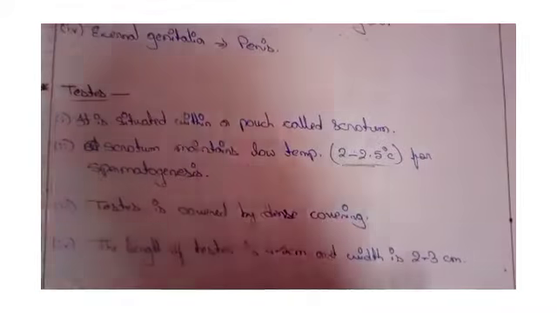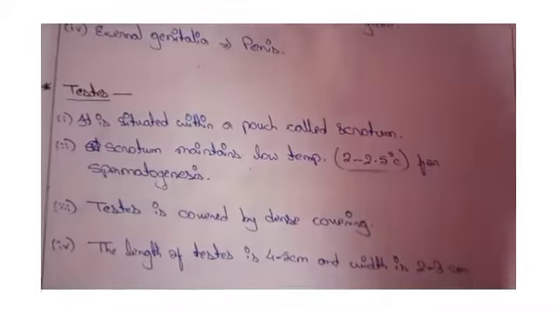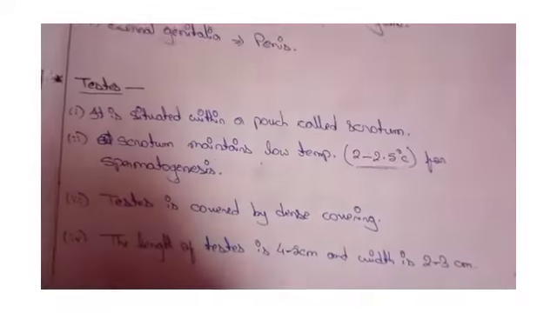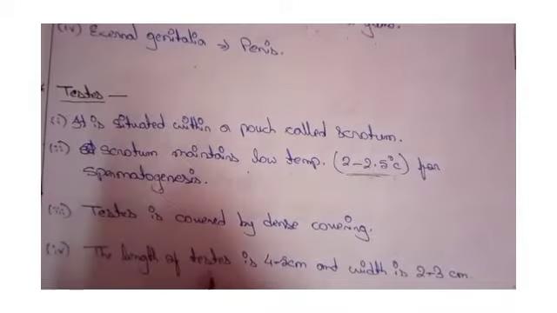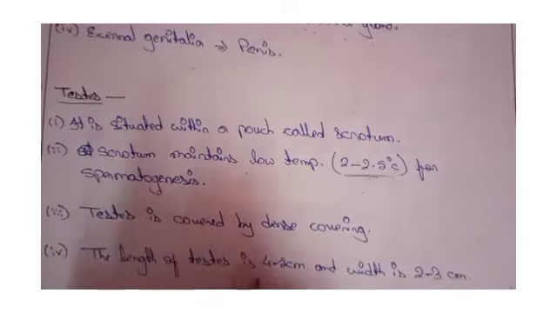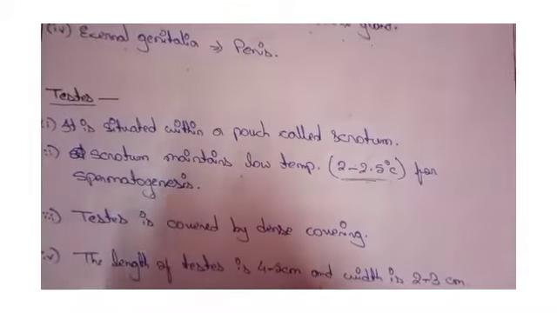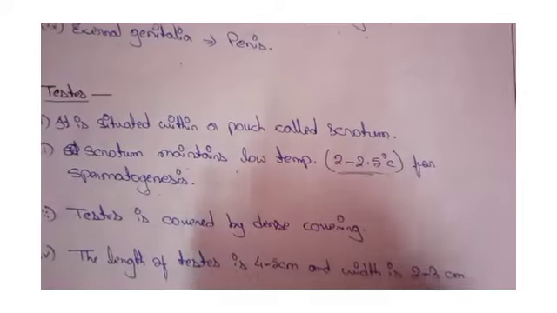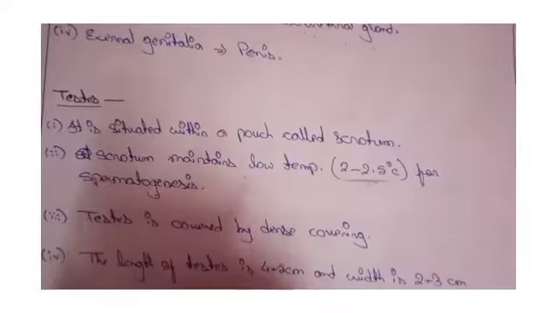The testis is covered by a dense covering of 2 or 3 layers. We will discuss the layers of the testis. The length of the testis is 4 to 5 centimeters and the width is 2 to 3 centimeters.